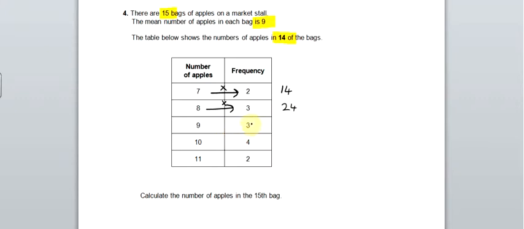There are 3 bags with 9 apples in, and that's 27 apples. And likewise we've got 40 and 22. And if we add all those up, we've got 38, 45, 55, 65, 105, 127 apples.